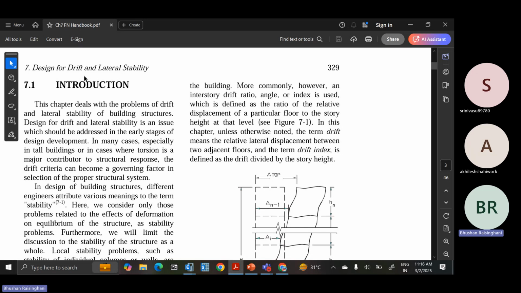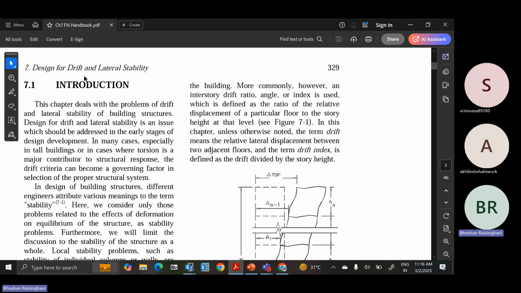Now we should know the reason for this 0.4% drift: our elastic stability is related to this index. However, when the earthquake happens, we go beyond this elastic drift limit, to around 1.5%.